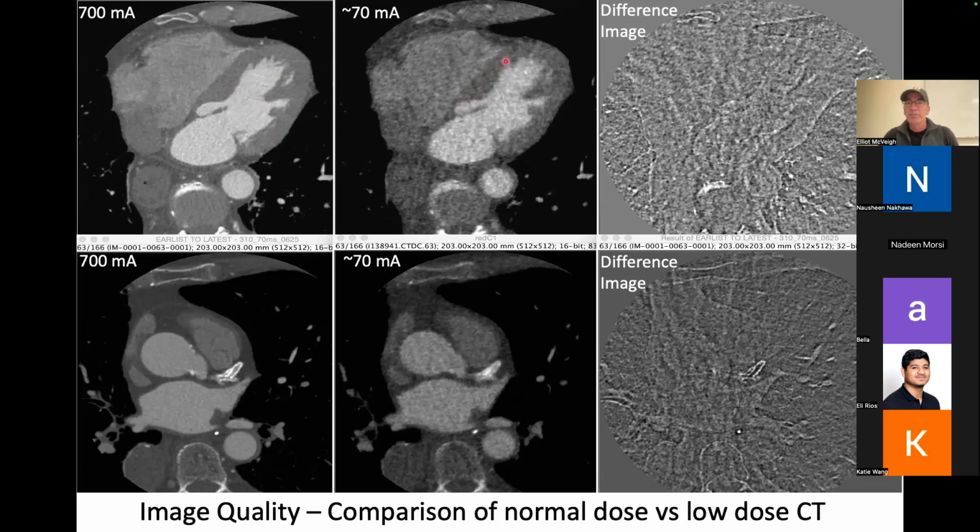So you can see there is a difference in the background noise, the amount of hash on the scan. But also, when you look at the difference between this picture and this picture, the Hounsfield units should be the same, right? So the mean value in the ventricle here and here should be the same. And when you take the difference, that turns out to be true. Everything's centered around 0. But there's structure to this noise, right?